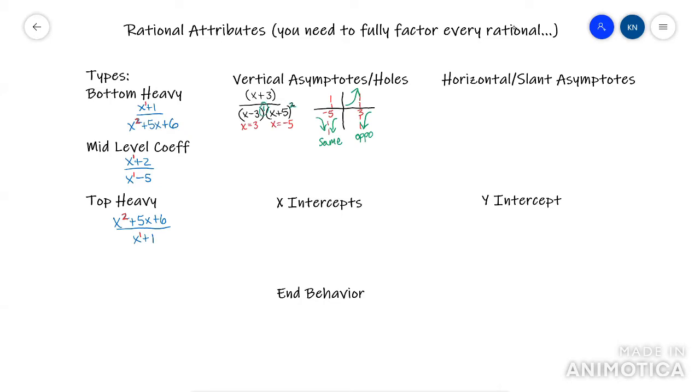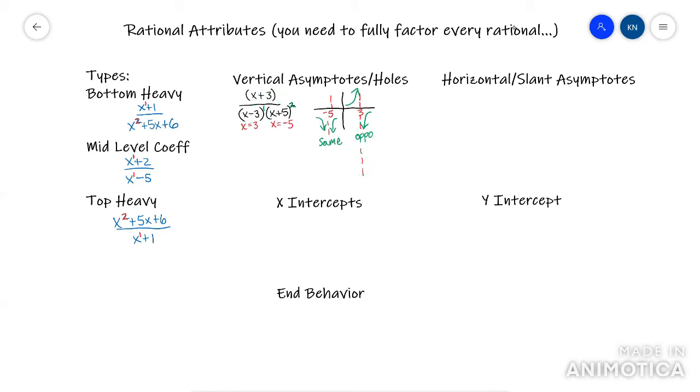So like this x minus 3 had an exponent of 1. When the exponent is a 1, they're going to go opposite ways. So it could either look like that, or it could even look like, if this was that same vertical asymptote, instead of going up then down, it could go down then up. Either way, they're going to go opposite directions when it's an exponent of 1.